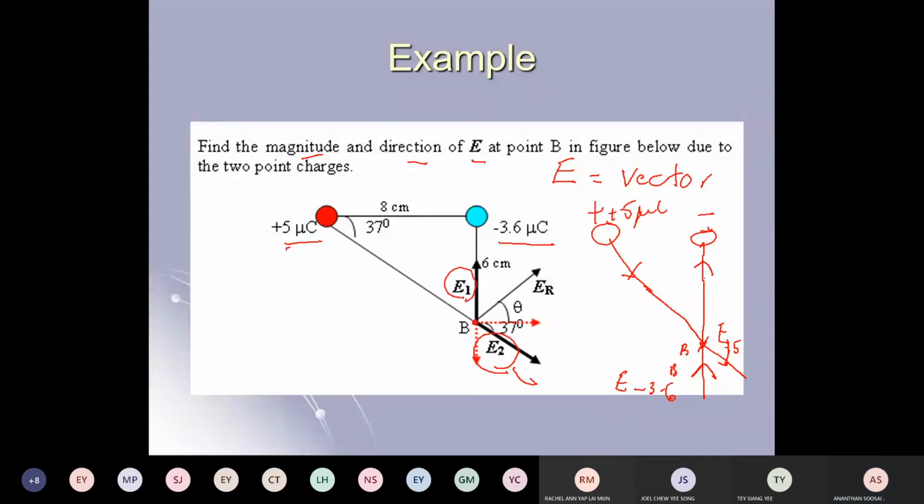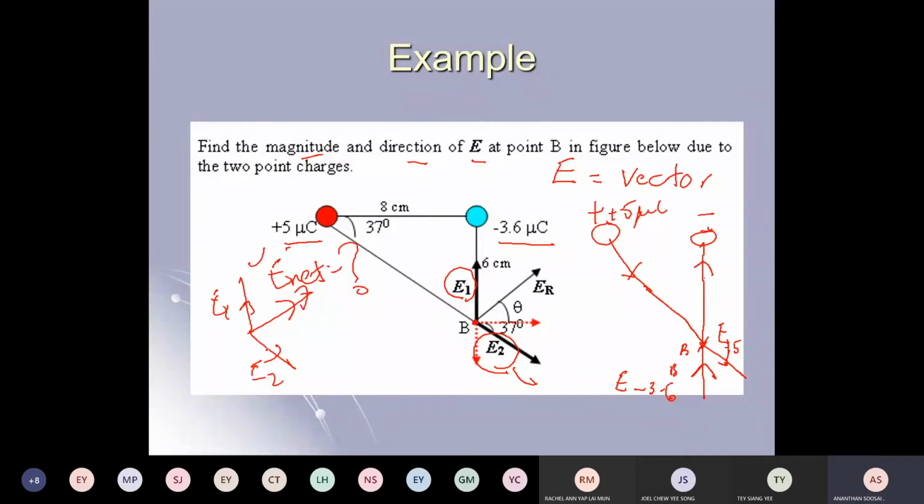E1 is the field moving to the negative. So two fields are overlapping here, E1 and E2, and you want to find the net field. E1 is vertically up, E2 is diagonal, like two vector quantities. So where's your net field? The net field should be this way. This is your net field.